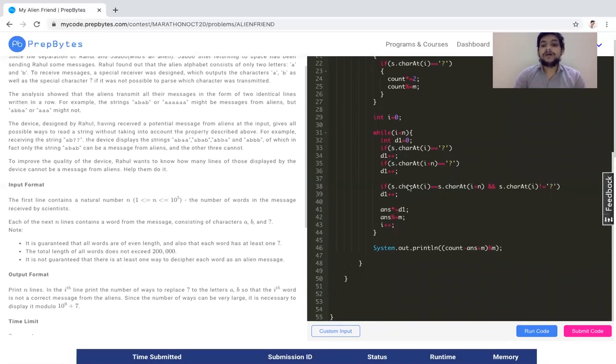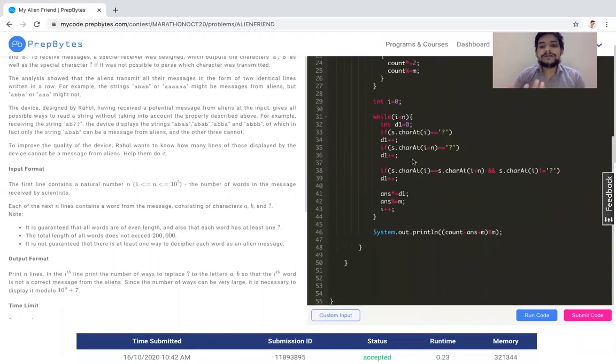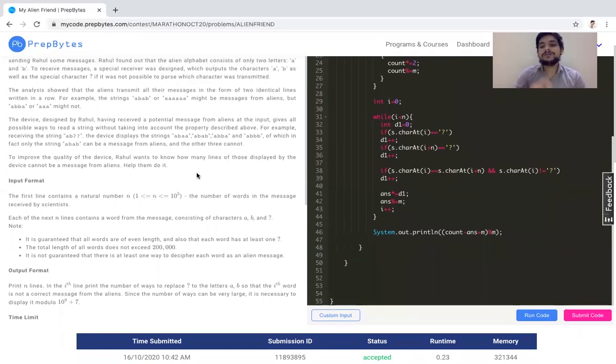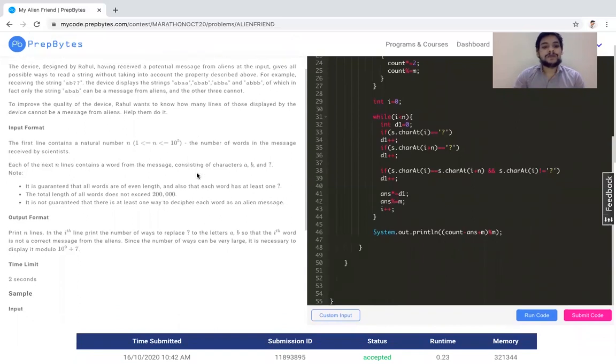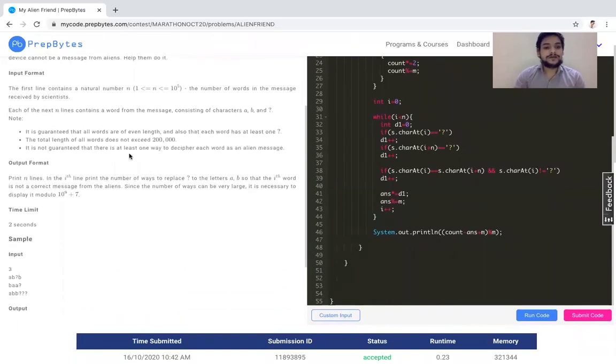Now, while explaining the sample pseudo code, I told you by mistake that this answer will be 1, but it will not be 1, because there can be cases when there is not even a single answer present, not even a single message conveyed by the alien. As you read here, it is not guaranteed that there is at least one way.